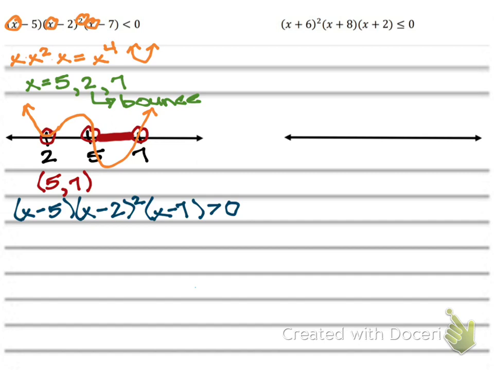But I want greater than. So if you think about greater than is where it's above, right? So from negative infinity to 2, union 2 to 5, union 7 to infinity.